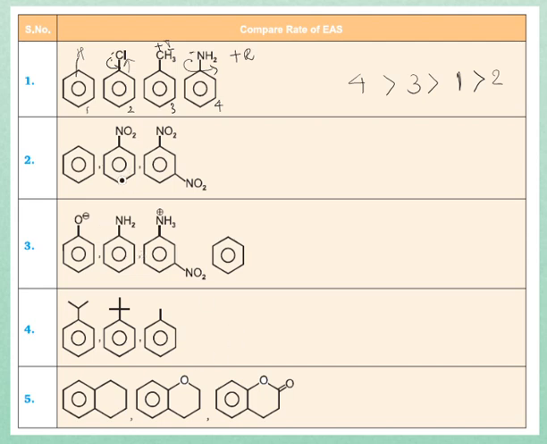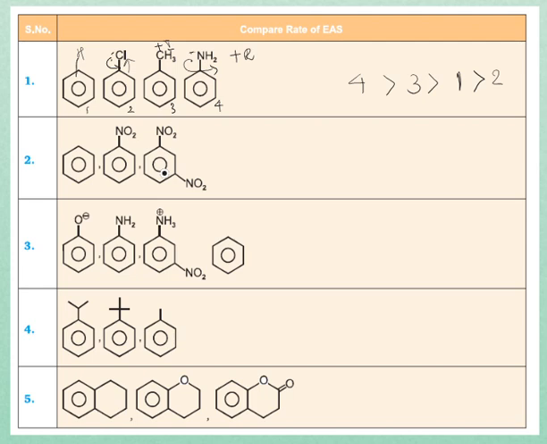Alright. Now, on the benzene ring, we have nitro groups. Students, remember, nitro is an electron withdrawing group. If there are electron withdrawing groups, they deactivate the benzene ring by withdrawing electrons. The more the number of electron withdrawing groups, the more and more electron deficient the benzene ring will be.